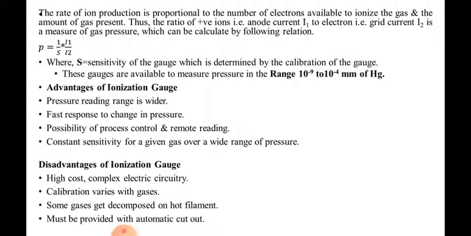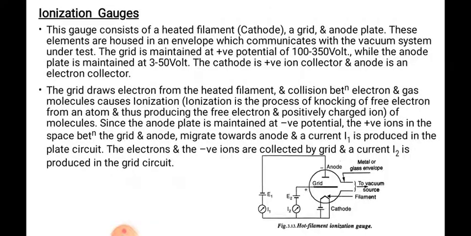Where S is the sensitivity of the gauge, which is determined by calibration of the gas. I2 is the current produced in the grid circuit, and I1 is the current produced in the anode circuit.